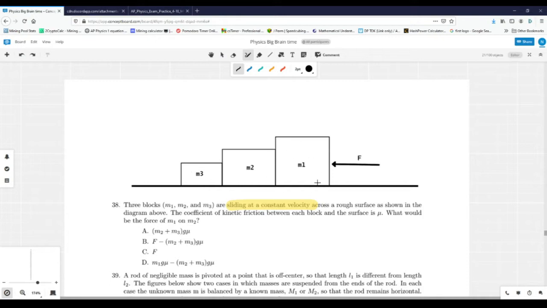If you imagine M1's not here and you push M2, you're going to also push M3, right? So you're effectively pushing both masses, and whatever frictional force is associated is going to be the sum of the frictional force from M3 and M2. And we know that it's sliding at a constant velocity. So whatever force is being applied from M1 has to counteract both the frictional force of M2 and the frictional force of M3. Because even though you're just pushing on M2, you're really pushing on both M2 and M3.